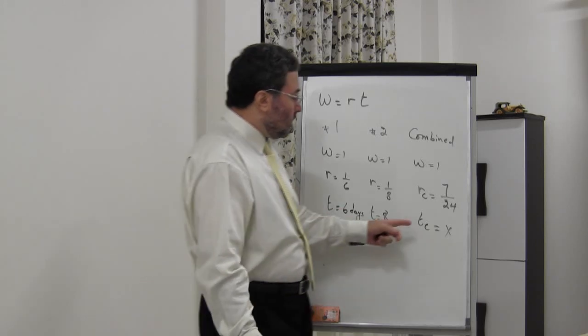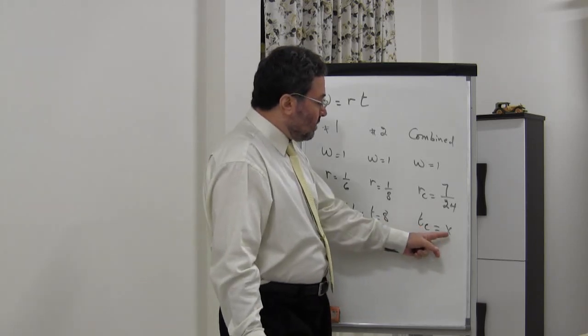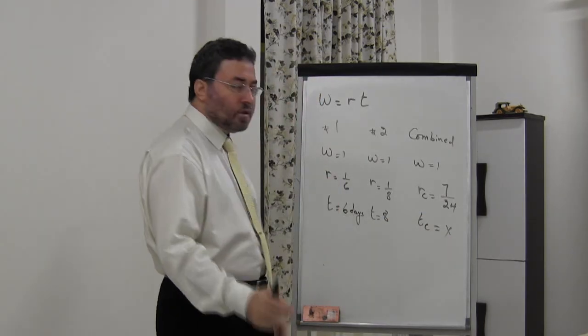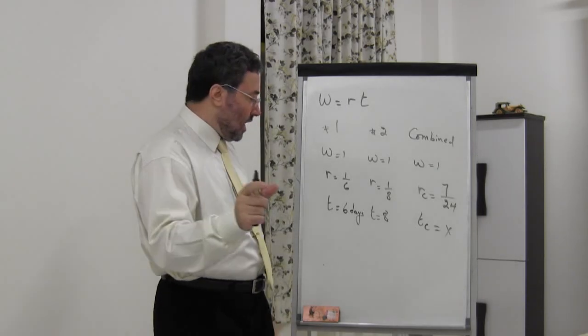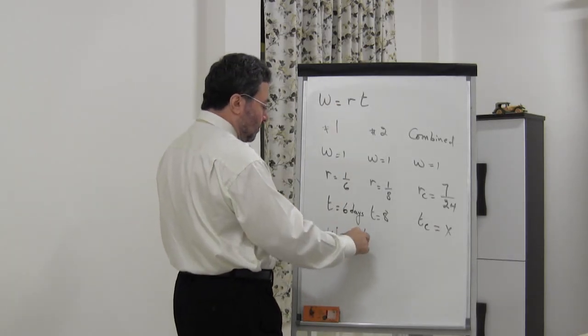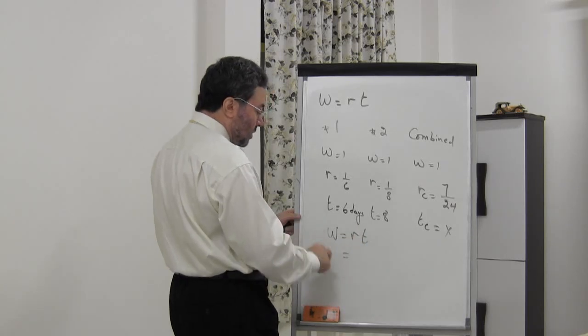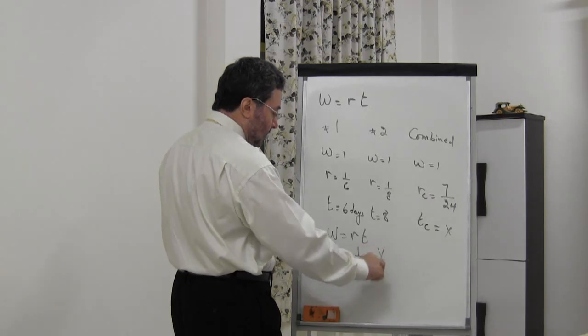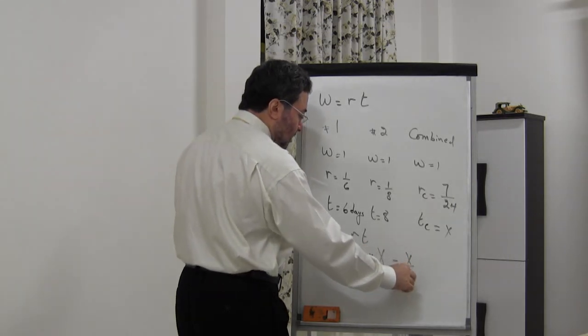In the book, they say the combined time is X. So let's find out how much this guy can achieve in this time X. We apply the formula, W equals RT, and how much work he can finish is 1 over 6 times X, and that will be X over 6.